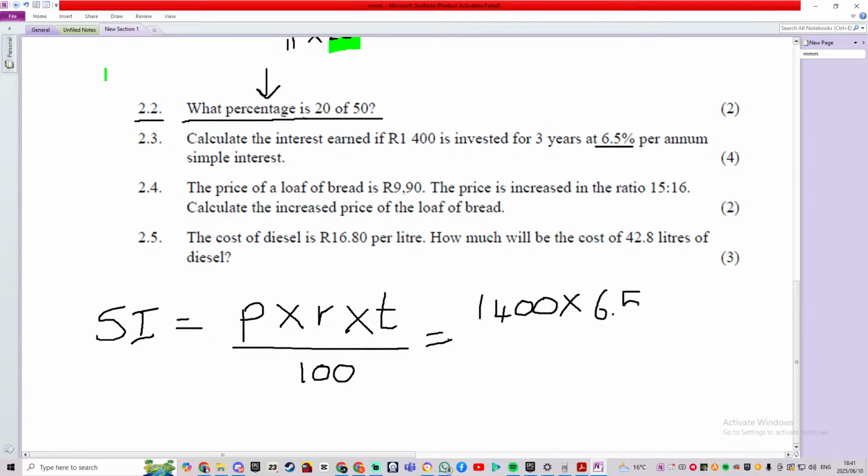And then we multiply that by T in years, which is our time period, 3 years, all of that over 100. This is going to tell us the simple interest that we are gaining from this.